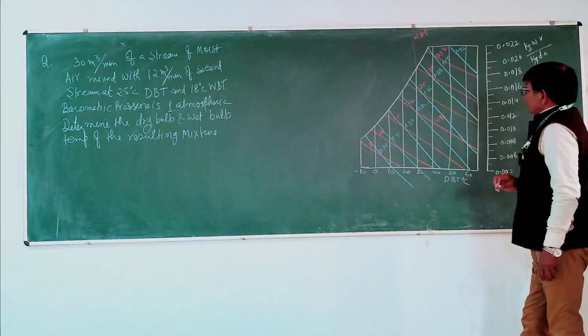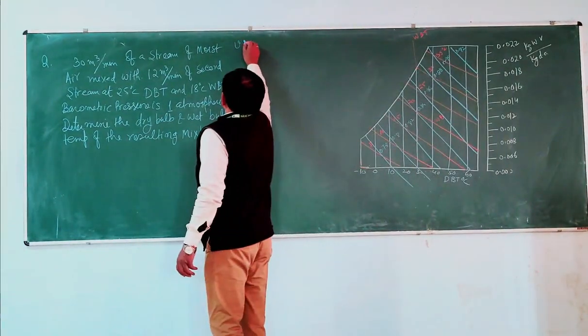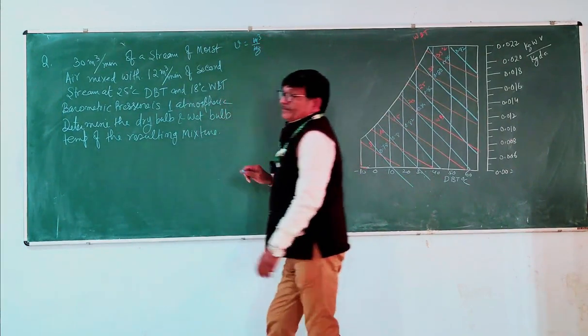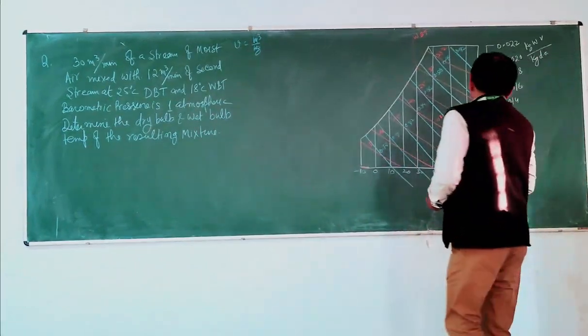These are specific volume lines. They are denoted by small v, meter cube per kg. The unit of the specific volume is meter cube per kg.